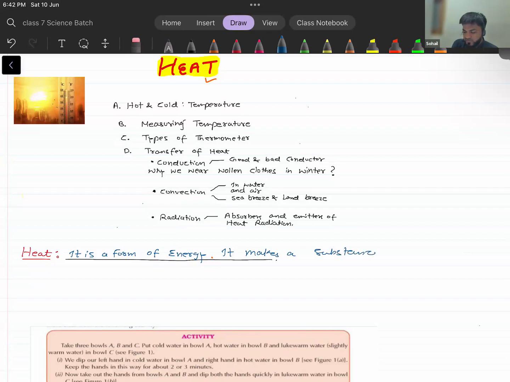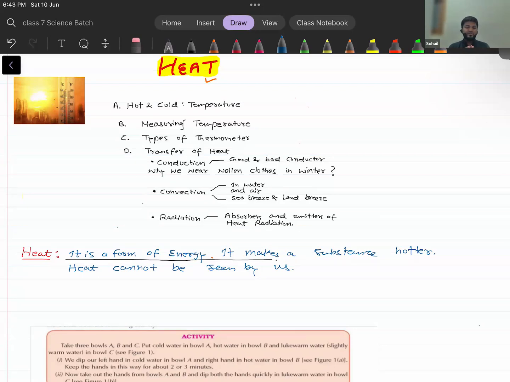Can we see heat? No. Heat cannot be seen by us, but we can feel this heat by the temperature effect.